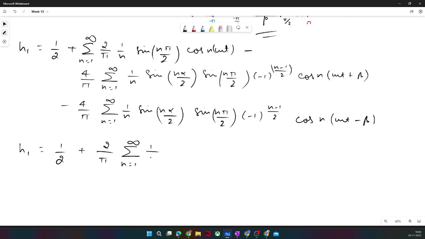However, derivation of this is easier, but calculation is a bit tedious. Sine n pi by 2 cos n omega t is common. If you solve cos n omega t plus beta, cos n omega t minus beta, you will get this final expression.